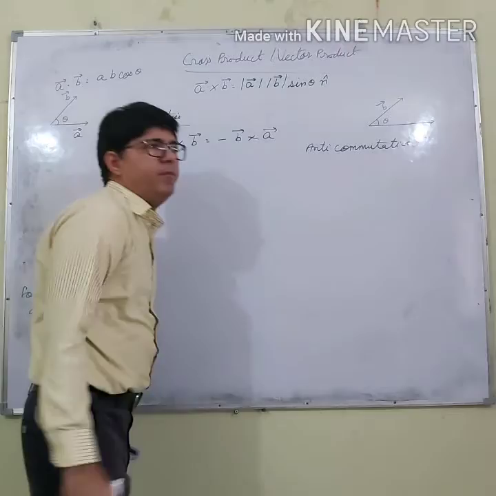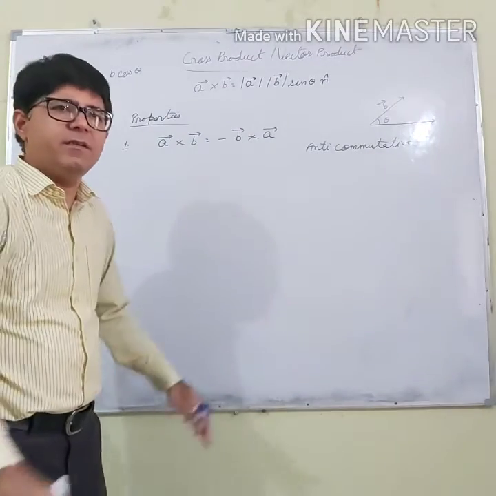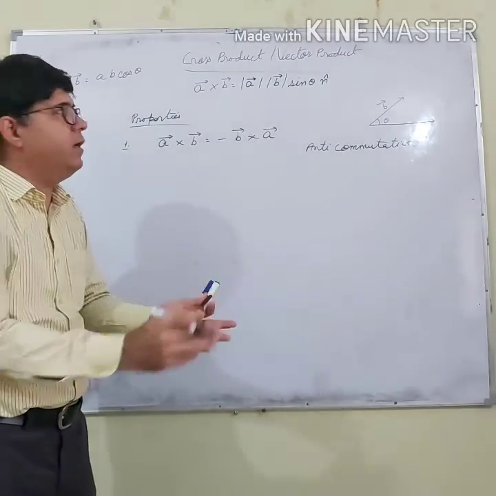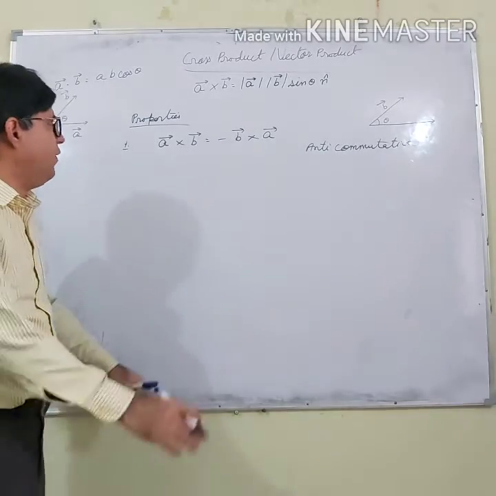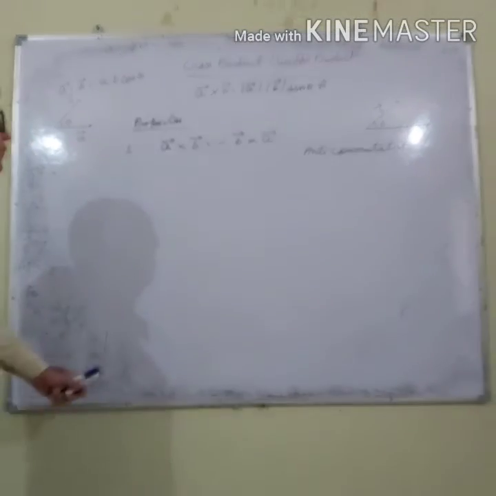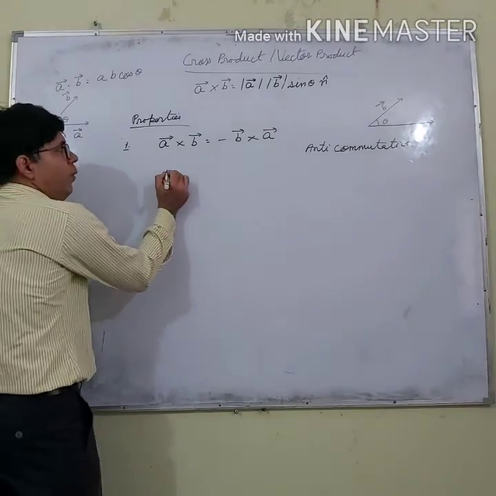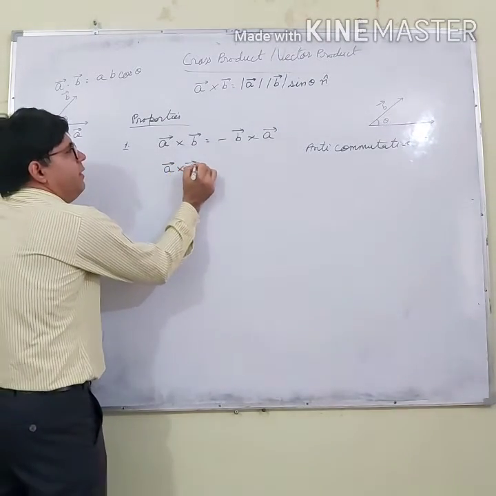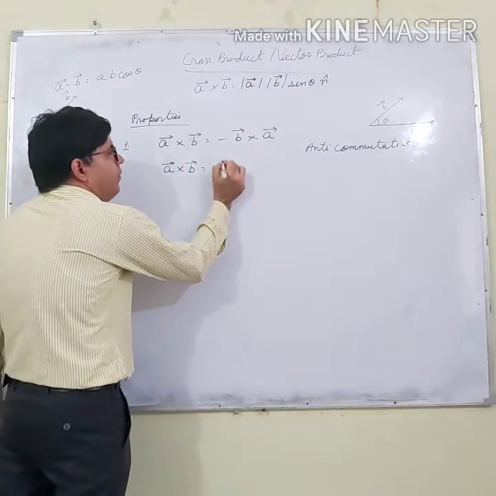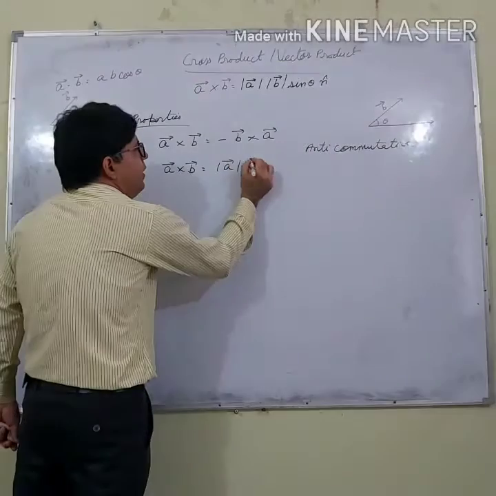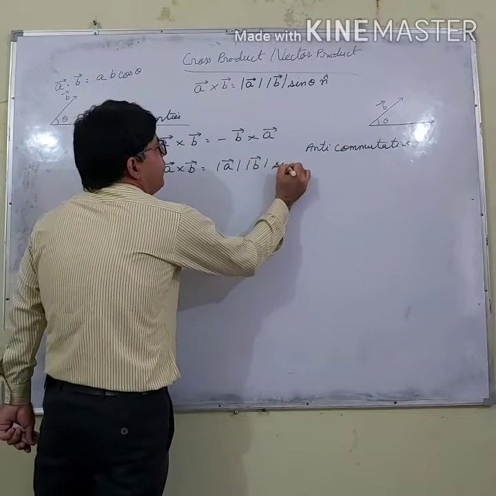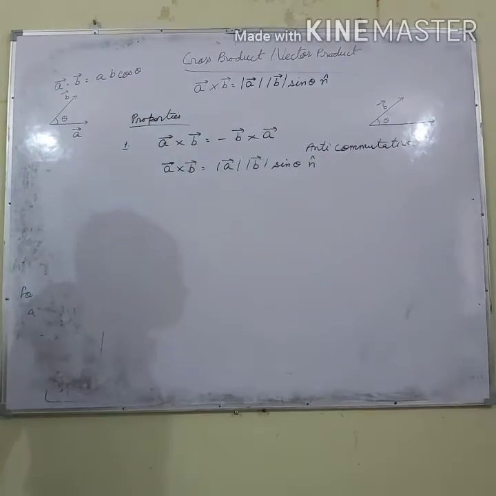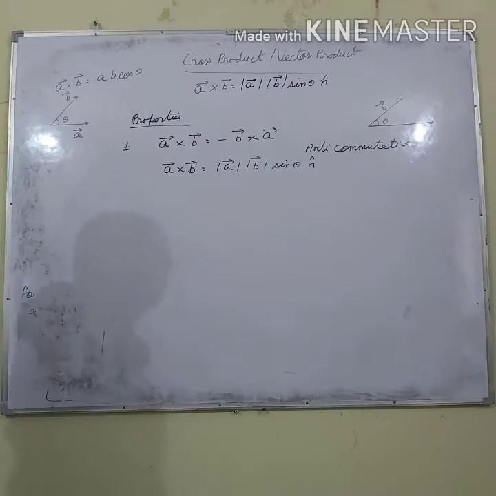Commutative means that if we change the order of the vectors, there is no effect on the result. But here there is an effect on the result. Let me show you. A cross B is the magnitude of A, the magnitude of B, and the sine of the angle between A and B, n cap, a unit vector perpendicular to both.